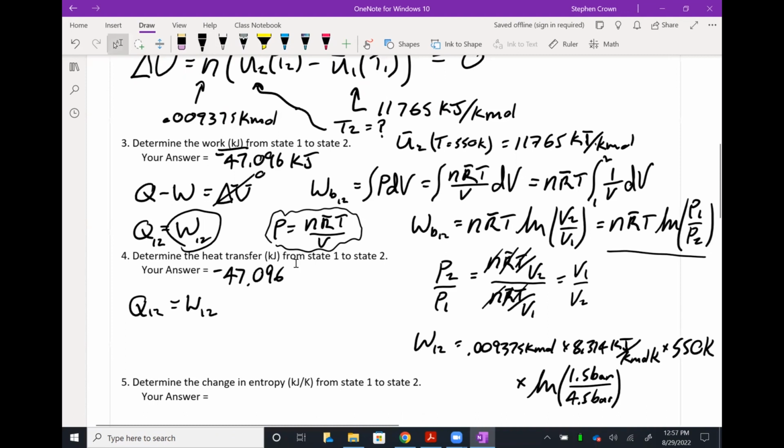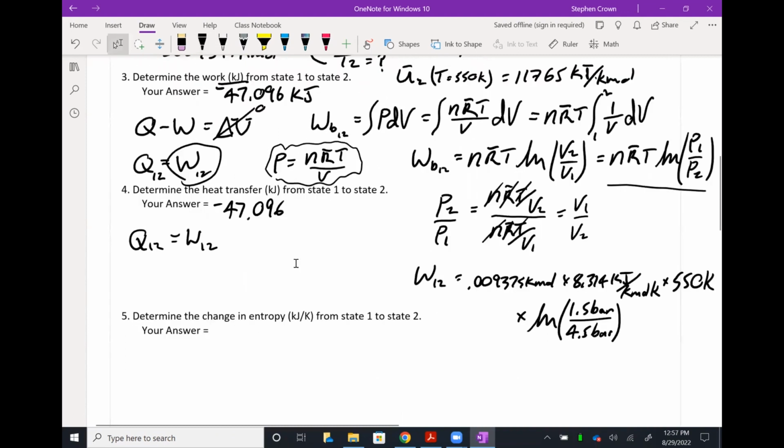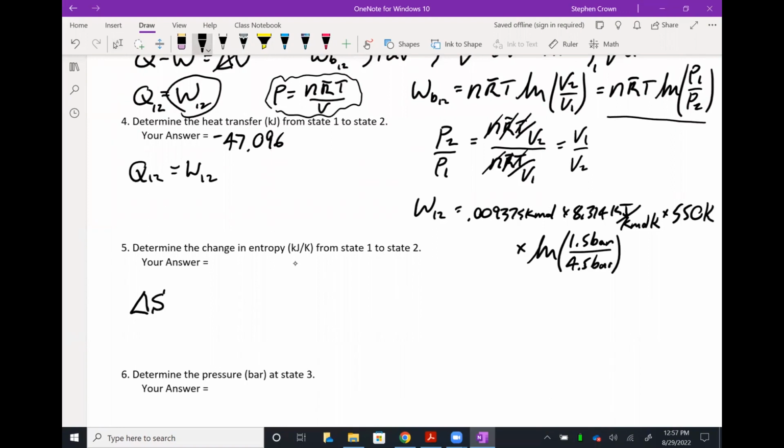Part 5. Determine the change in entropy from state 1 to state 2. So in this equation, I want capital S, so n times delta S bar. And we can write delta S bar as S2 naught bar minus S1 naught bar minus R bar natural log of P2 over P1.